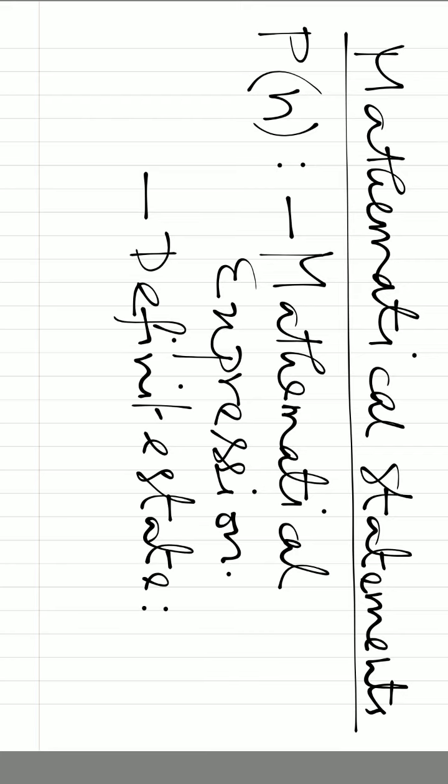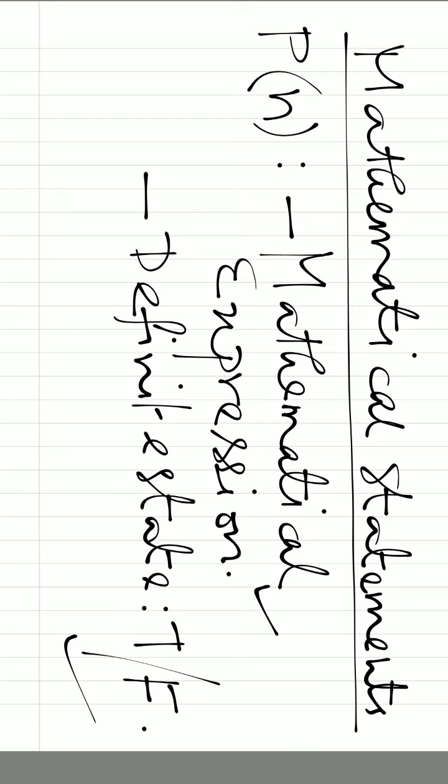That means the definite state should be either true or false. So for a mathematical statement we have two things: it should contain some mathematical expression, and it should have a definite state that is either true or false.